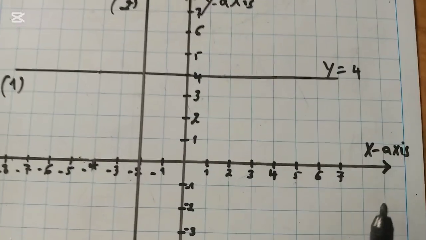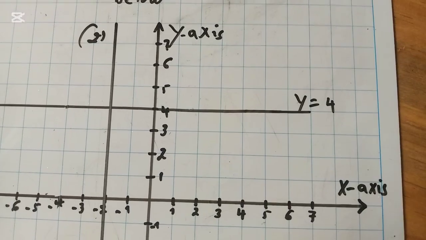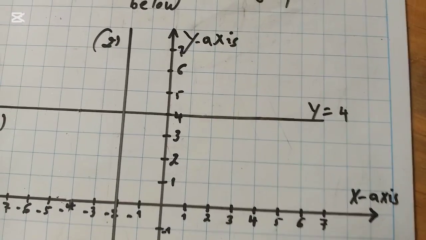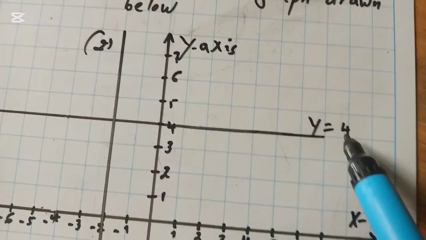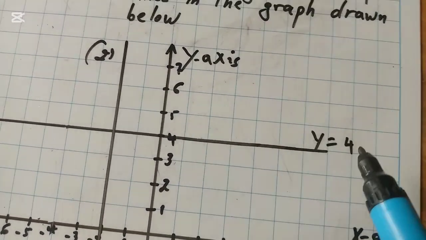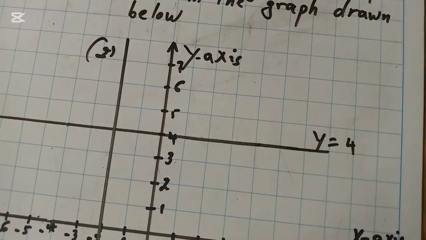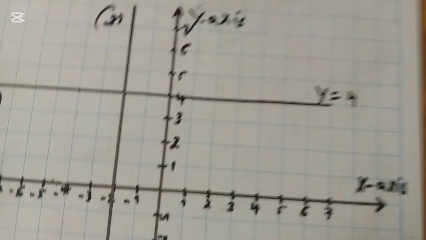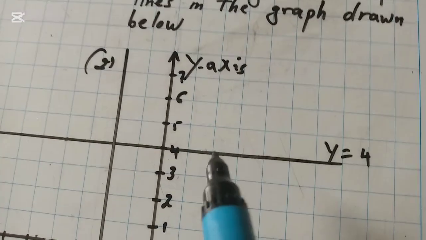So now you have to take some points at random on the line. We are considering line 1, which is y equals 4, and the line is this one. We have to take 2 points at random that we will use within this formula, right?